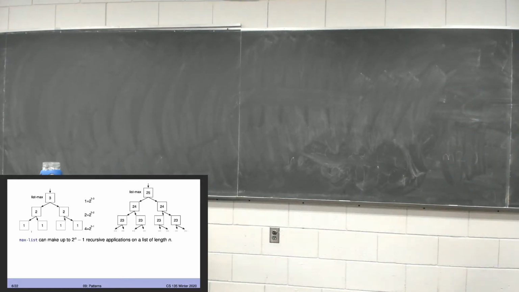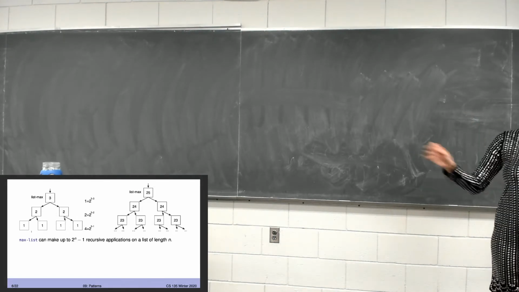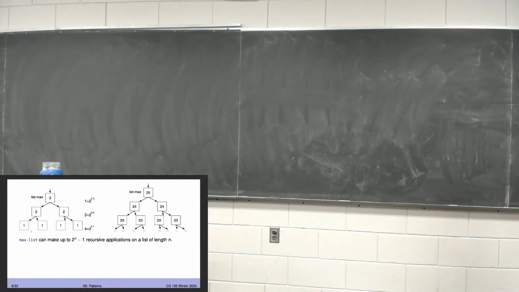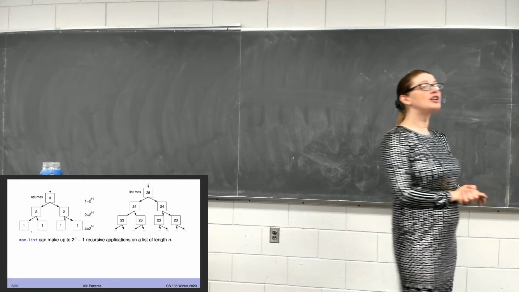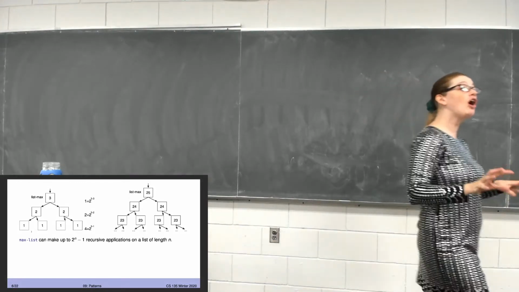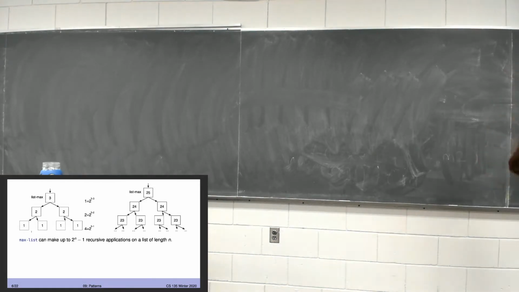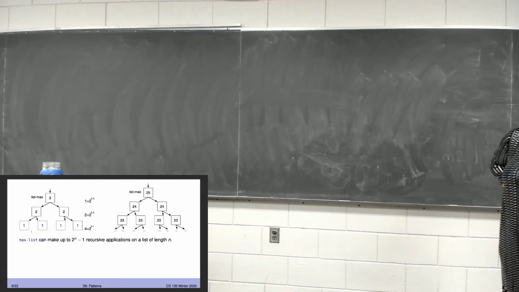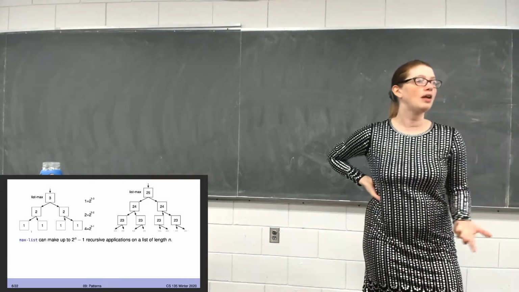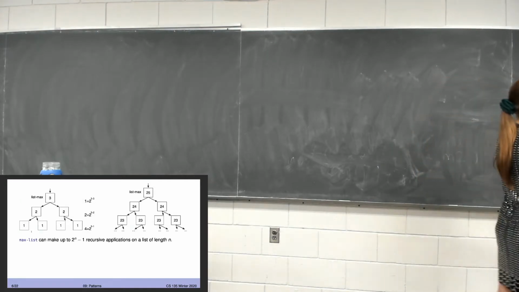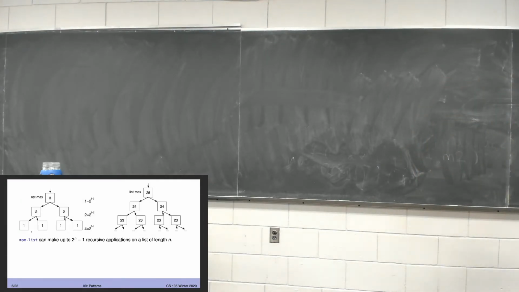Now, the list of elements are in increasing order, so we know each call to the max of the list is going to result in 2 recursive calls on the rest of the list. So my original call on a 25 element list results in 2 calls on a 24 element list. And since our list is in increasing order, each one of those calls results in 2 calls to a list of 23 elements. And each call of each one of those results in a call of 22 elements, and so on, and so on, and so on. And what we end up with, if you were to count up how many total elements there are here, it would be 2 to the power of 25 minus 1.